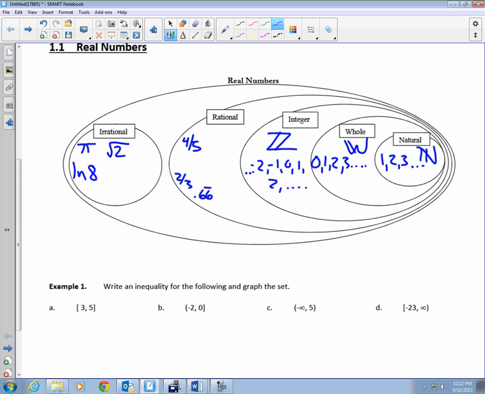A lot of logarithms are, that's the way they are. Cosine of 60 degrees, that's actually square root of 3 over 2. So those are numbers that are irrational. We use the letter Q for rational. I don't know what they use for irrational. I'll have to look it up. And then those all sit within the set of real numbers.